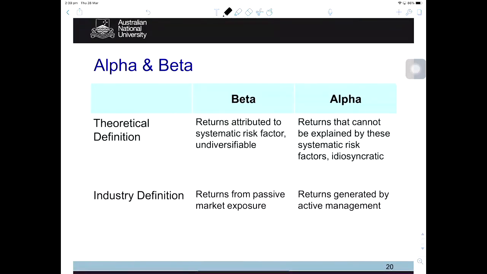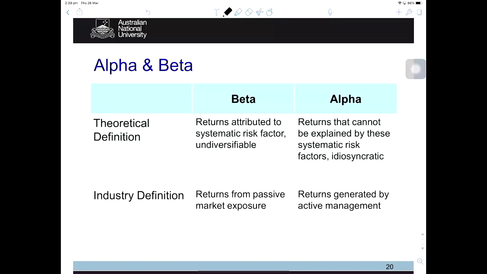Okay, next we're going to move on to something that you have been confused about for a while. In the textbook of classic finance, we talk about alpha and beta. They actually mean quite different things in this course or in the finance industry.